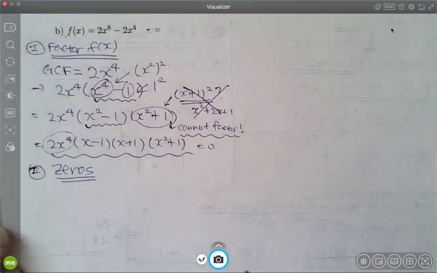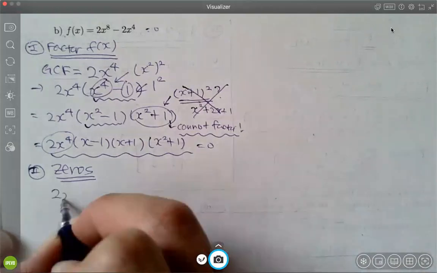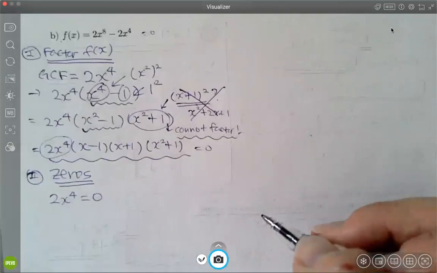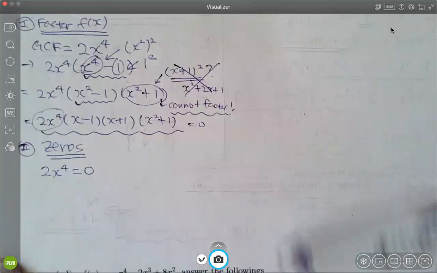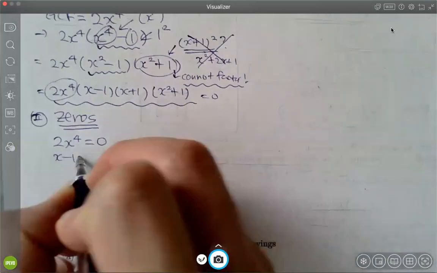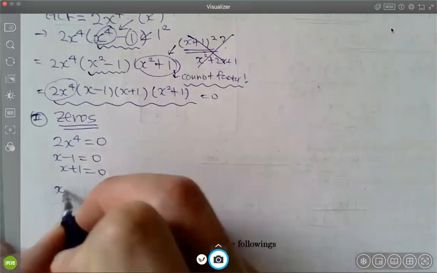Yes, we saw a similar problem yesterday, right? Even if something is not within the parentheses, as long as it contains the x, you have to set it equal to 0. Okay, and then x minus 1 is equal to 0. X plus 1 is equal to 0, so that's pretty easy. And then x squared plus 1 is equal to 0 as well.